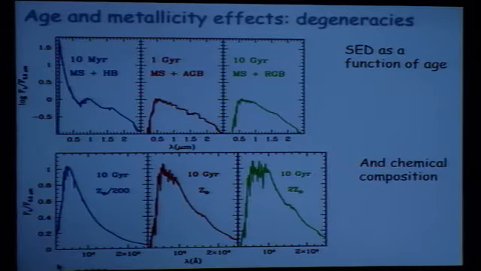So the first reason why it's tricky to compare models to data is something that is known since decades, but I wanted to remind you for the students. The main effect that you have in spectra is a degeneracy between age and metallicity. People hate that, the observers.